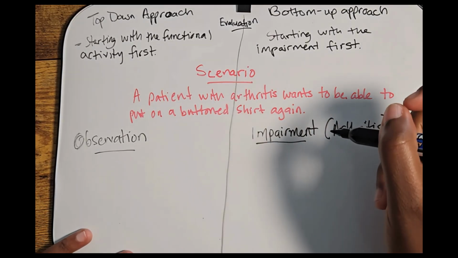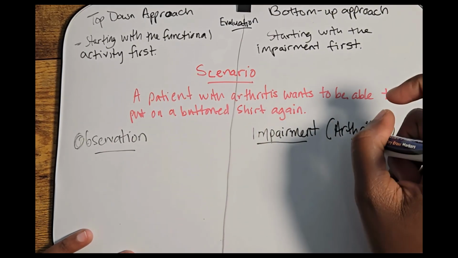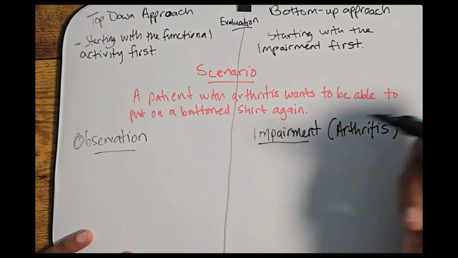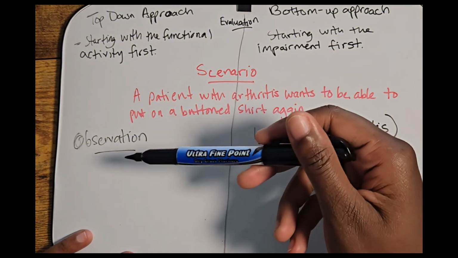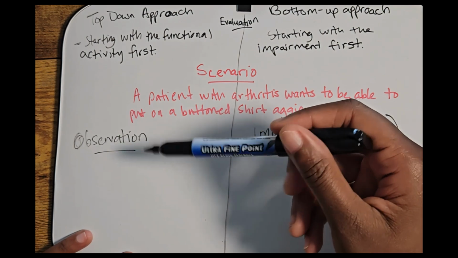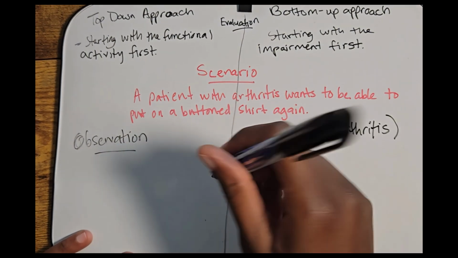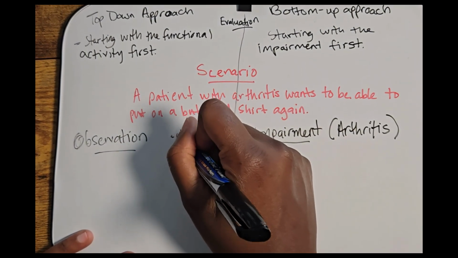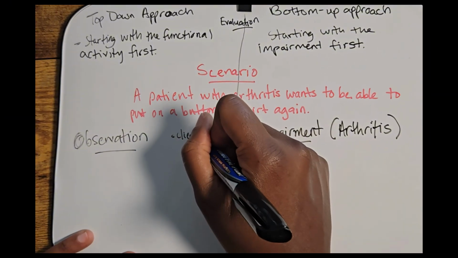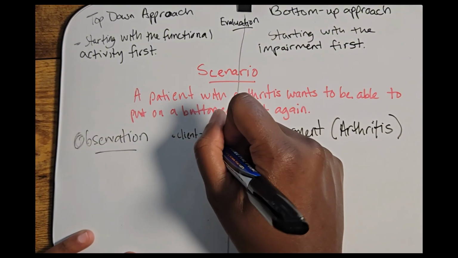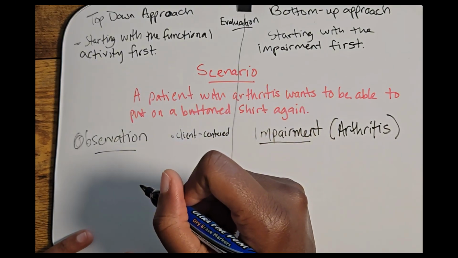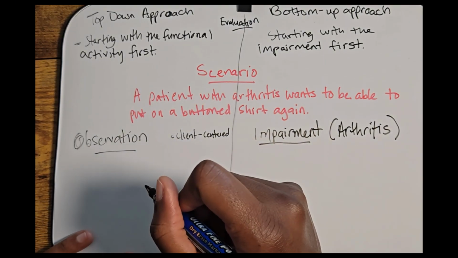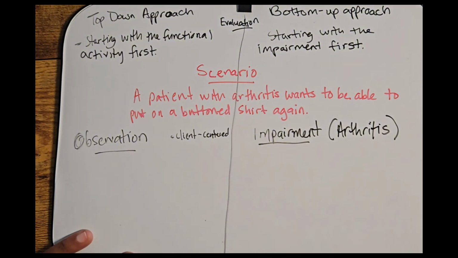Okay. So when it comes to the observation versus the impairment, how does that look? Like I said, we're going to observe what they can do first. This is more of a client-centered approach when we are really thinking about the two here.